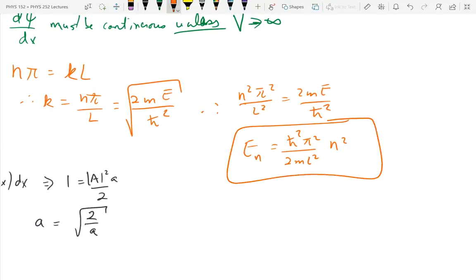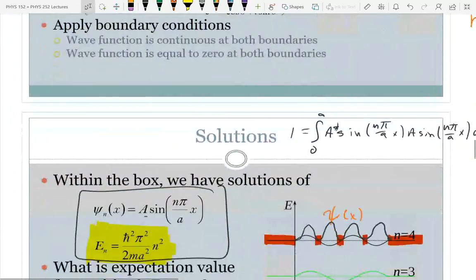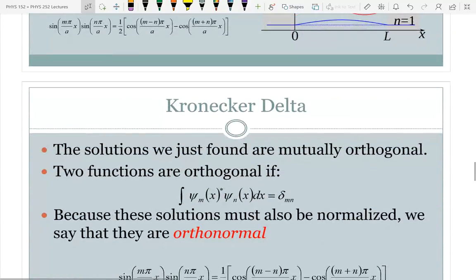And there we have the quantized energy states. Okay, that's what we did last class period.